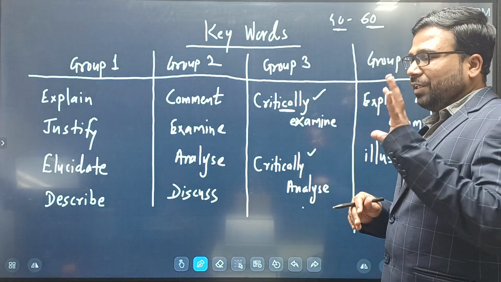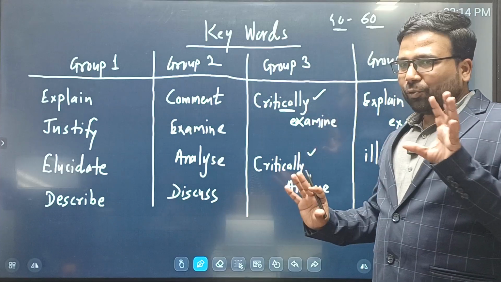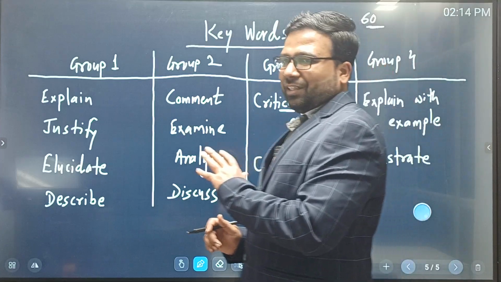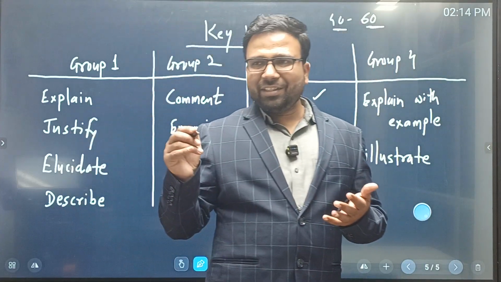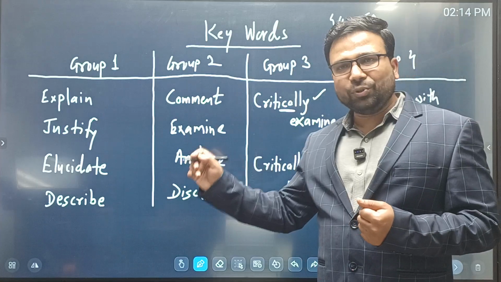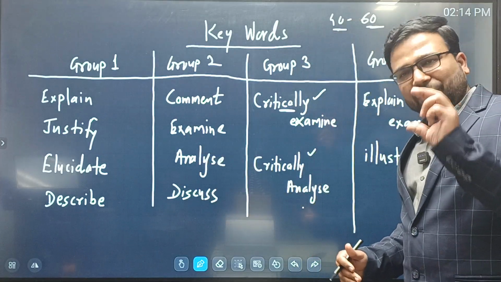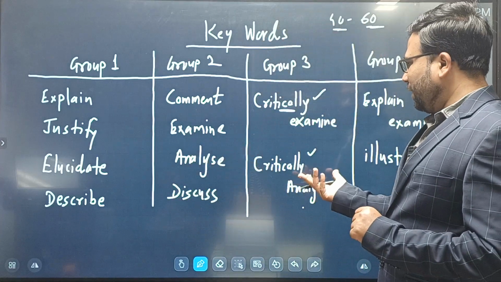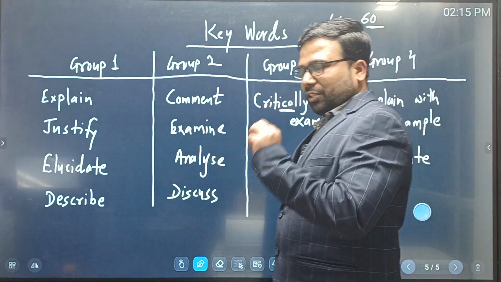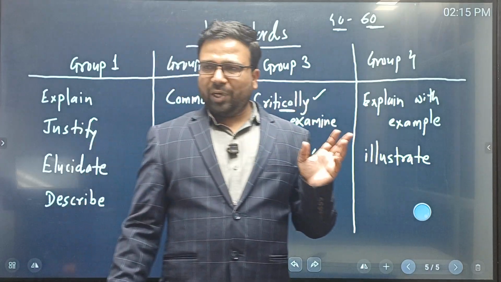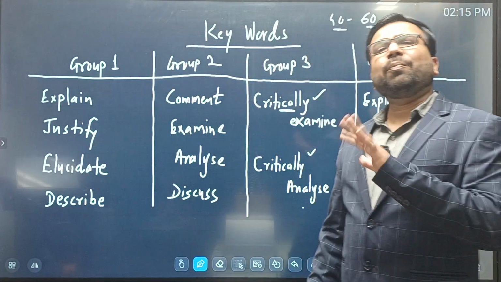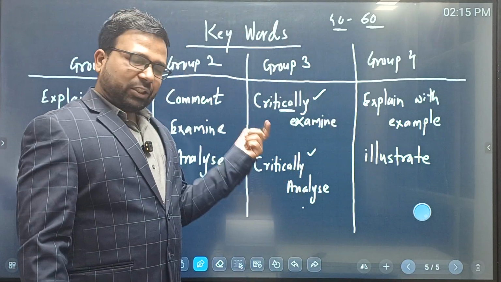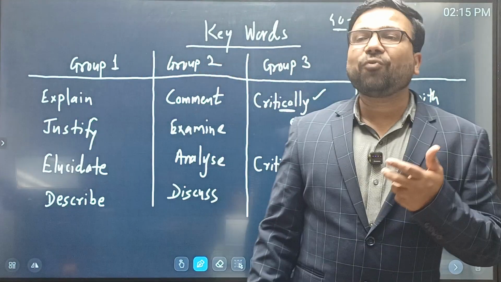Generally, whenever we are writing an introduction or a conclusion, we are not using these words as headings. We directly write the first paragraph as the introduction, and the last paragraph by default is considered the conclusion. But when it is critically analyze or critically examine, then use the last key heading as way forward, and in that context there is no need to write a separate conclusion. Another difference is that introduction and conclusion are always in paragraph format.